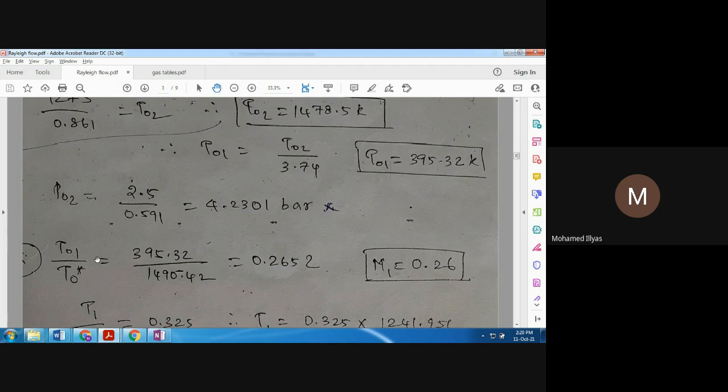So any one of the inlet parameters we are trying to get from the gas tables. We have T naught star and we know T naught 1, so I'm writing this ratio so that corresponding to that I can get the rest of the values from the Rayleigh flow table. We'll form the T naught 1 by T naught star ratio. Substituting 395.31 and T naught star as 1490.42, we get T naught 1 by T naught star as 0.2652.